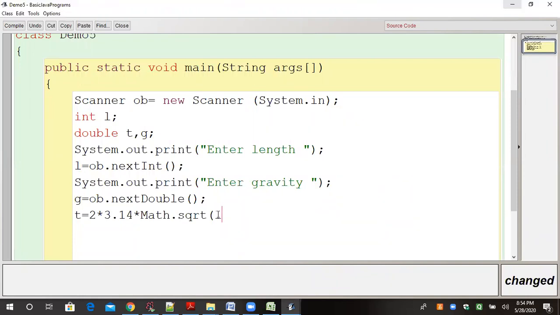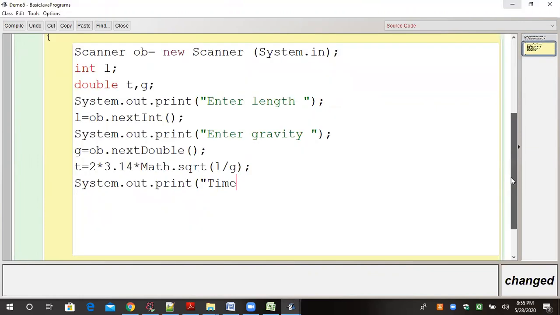So L/G, done. Absolutely done. Now we can print the time period. Time period we have to calculate, plus T. Understand? So happily we can write over there.